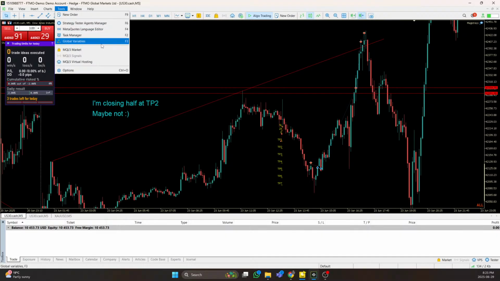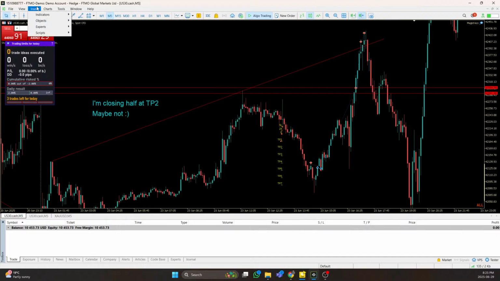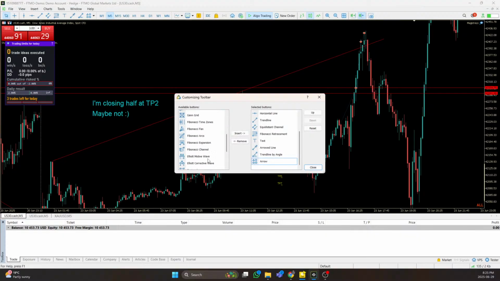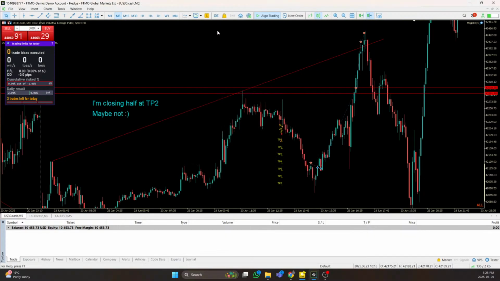I don't have a rectangle here. I have to go to customize and add rectangle. So here, as you can see, there's a small little gap between these candles, which starts from here to here. And then I waited for the first retracement, which happened here in this candle.